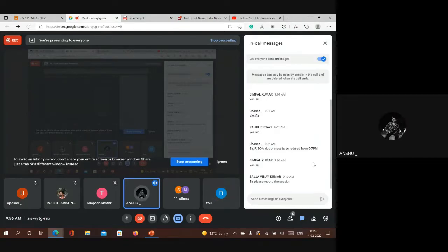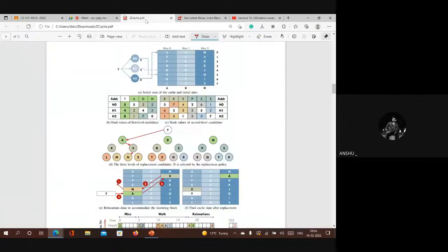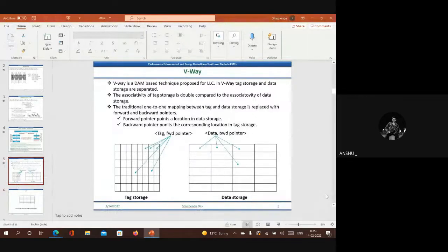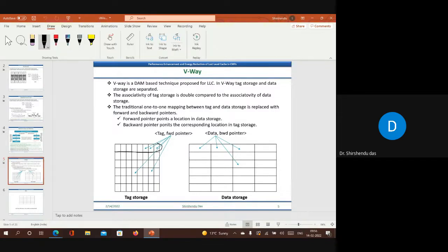Sir, in the first paper, the victim block is being selected from all the sets which is least recently used, right? There are two ways of victim block selection here. If this tag is full, and if you want to store some new data, new tag in this, then there will be a victim from here first of all.